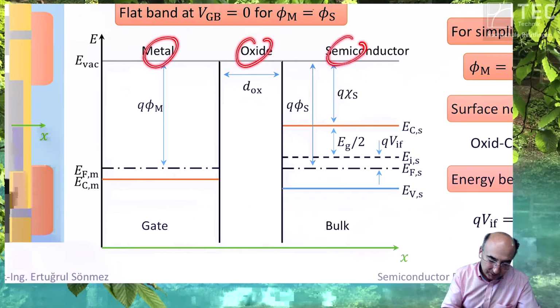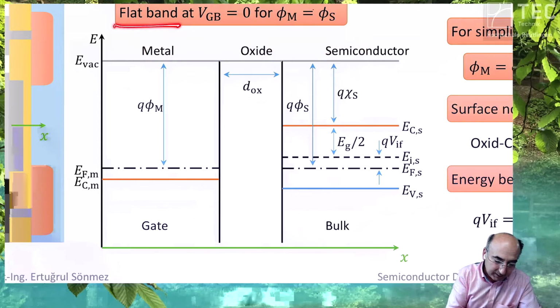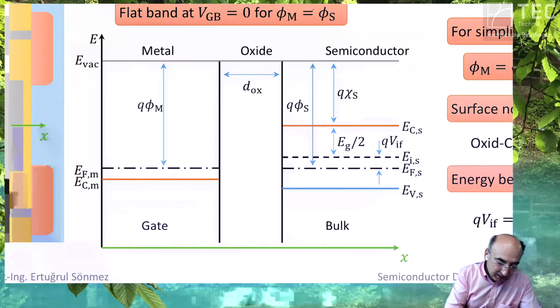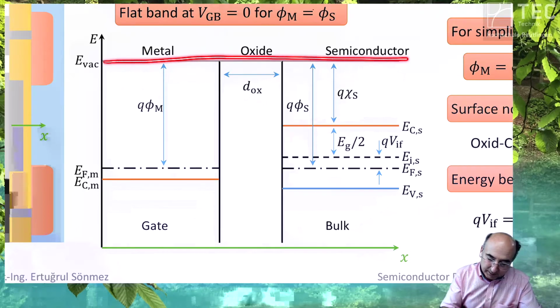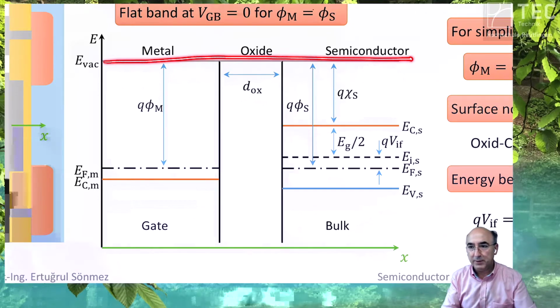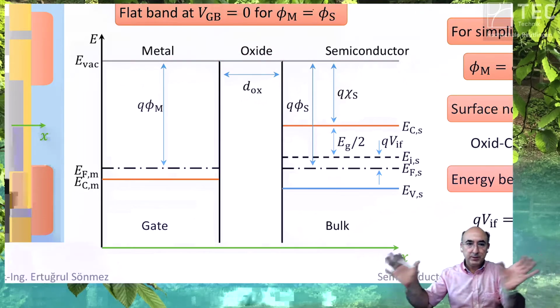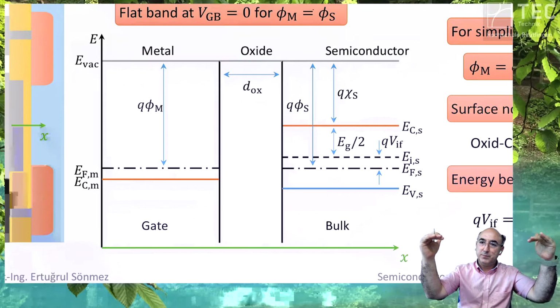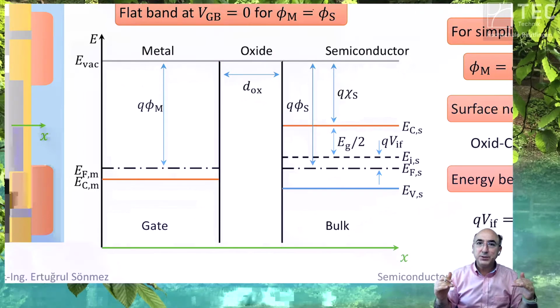Metal oxide semiconductor, and we have the flat band condition. That's for the sake of simplicity. What does that mean? At the beginning, all materials have a constant vacuum energy level. All materials. Material one is here, two is here. Vacuum level, it has the same energy. The Fermi level is a function of the work function.